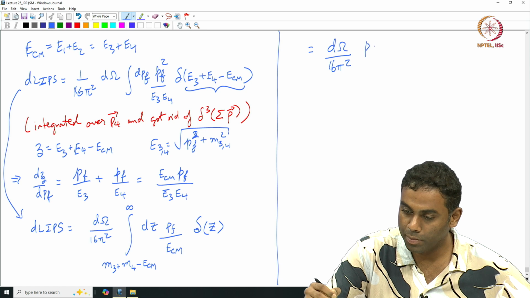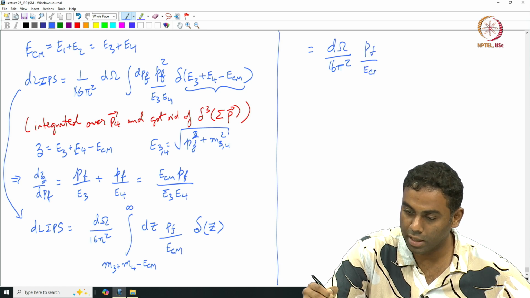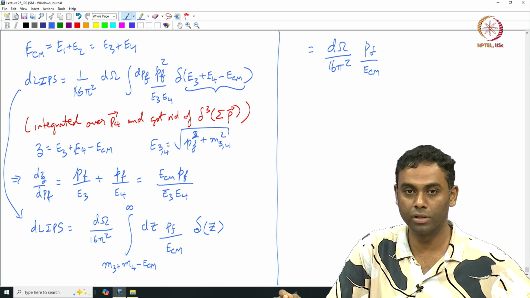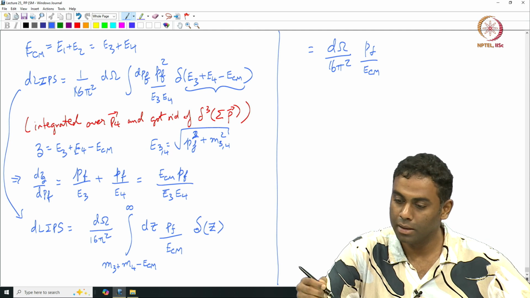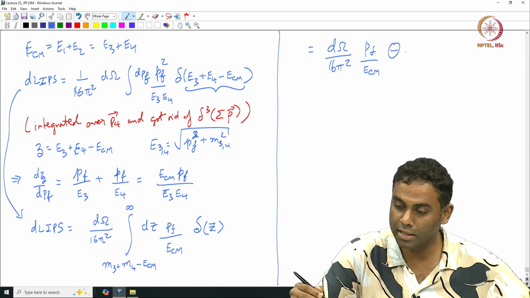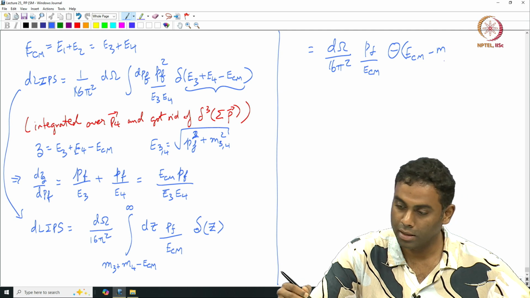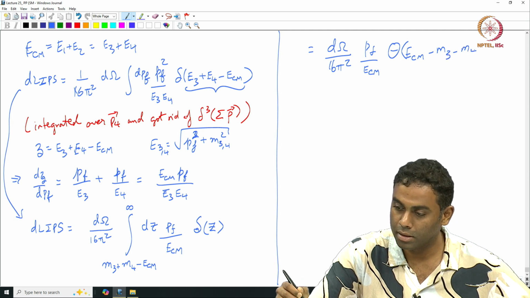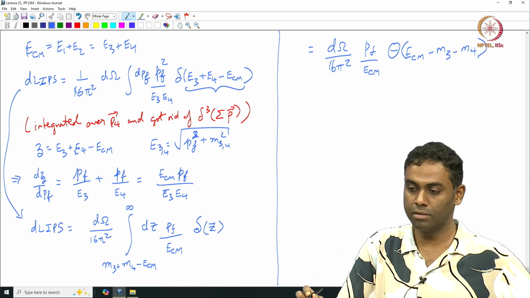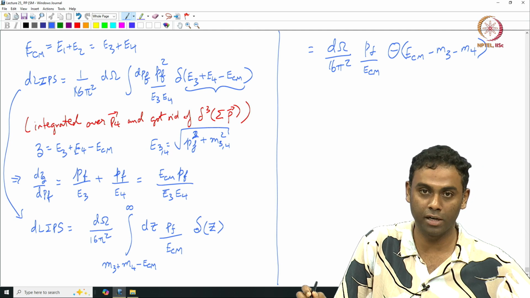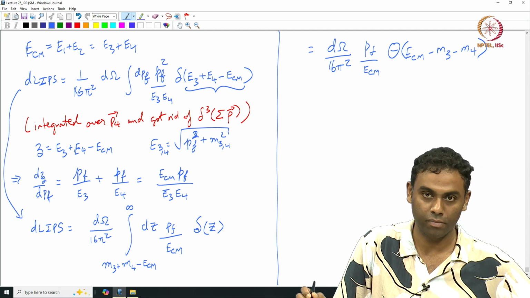Now I can happily pull out the Pf over ECM, because that is not what I am doing the integration over. I just have a Heaviside theta function that ensures that the initial center of mass energy that I pump in is larger than the sum of the final state masses. Okay.